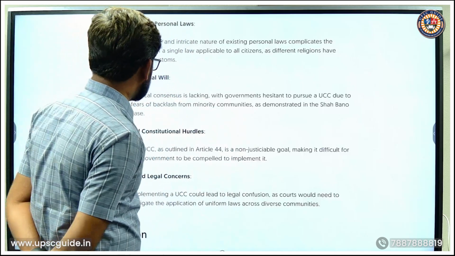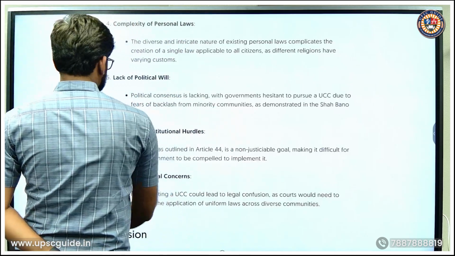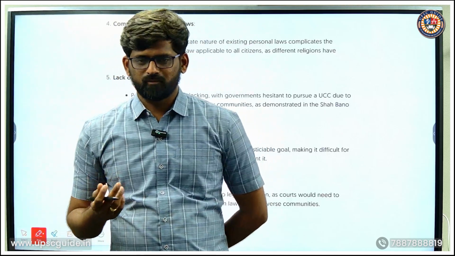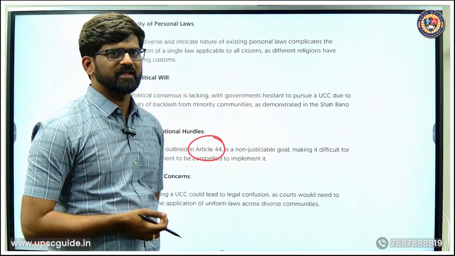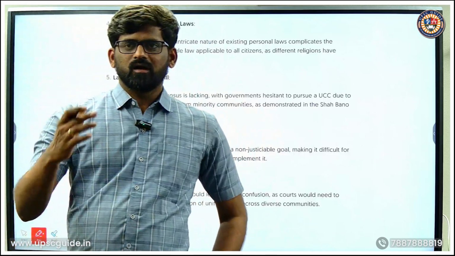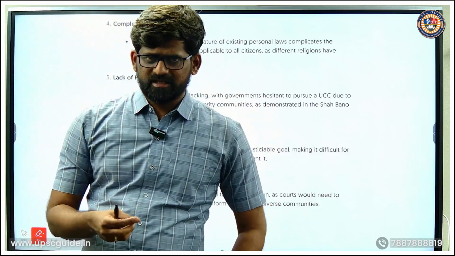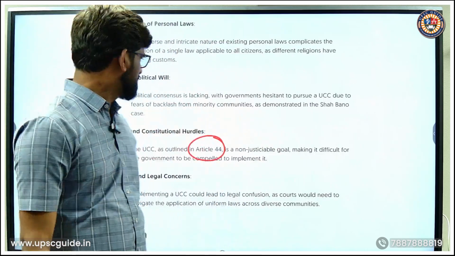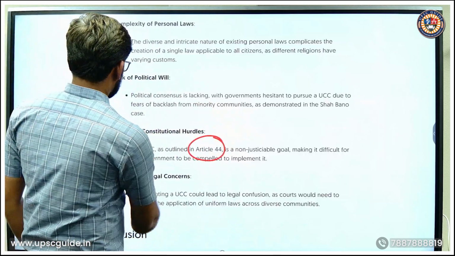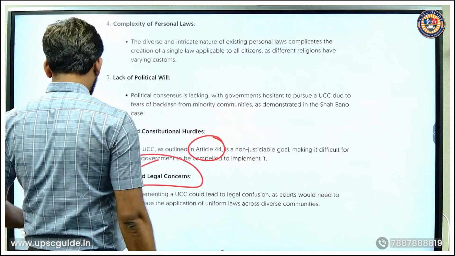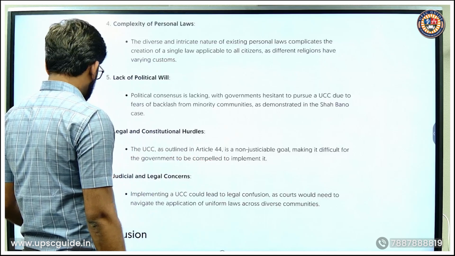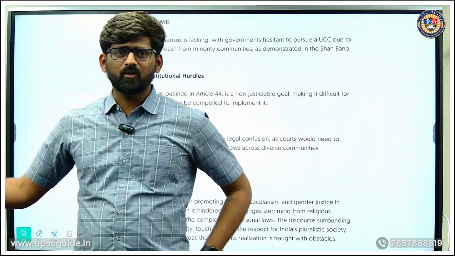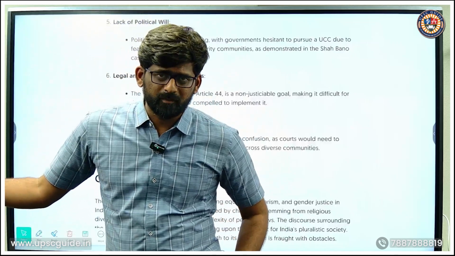So with UCC outlined under Article 44 and its conflict with Article 25, there will be court cases, and the actual implementation in spirit will be delayed by these judicial hurdles. At the same time, judicial and legal concerns need to be alleviated. Okay, so when it comes to the conclusion, all the recommendations that we have already discussed, we can mention those recommendations.